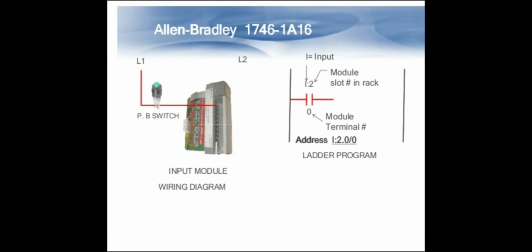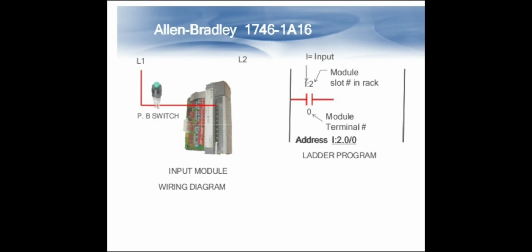Let us take one example of Allen Bradley 1746 IA16 switch, the input module. Here you can see the connection L1 and L2. It is denoted by ladder programming, so you can see the vertical two lines.